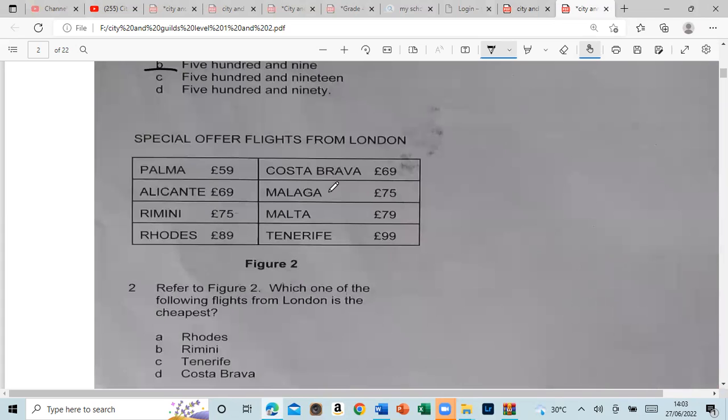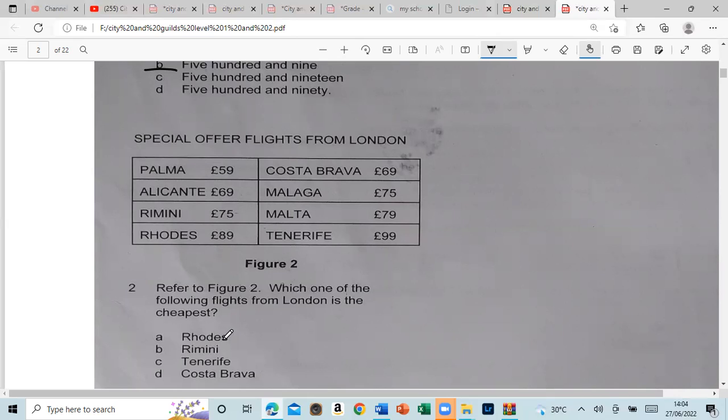Special offer flights from London. So Palmer, $59. Figure 2: which one of the following flights from London is the cheapest? So let me see, 59, 69, 59. All right, so that one there.